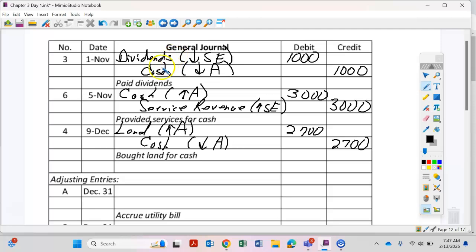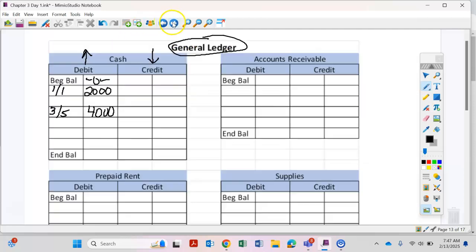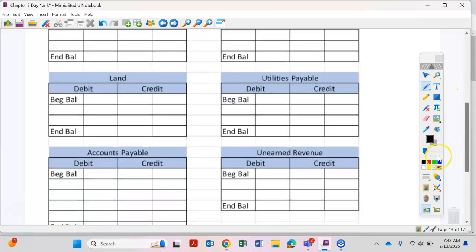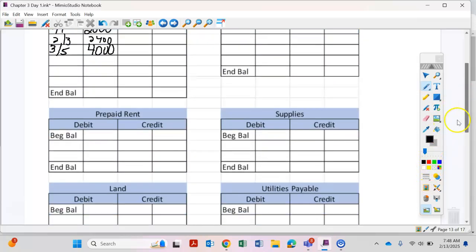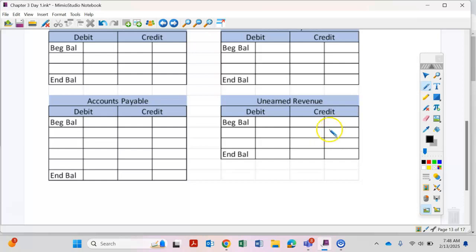February 3rd. So February 3rd, we had a debit to cash of $2,400. Remember, we started out with 0. And then we're going to go to unearned revenue. So let's go find liabilities. Unearned revenue. We credited it, so I'm going to put the date, February 3rd, and $2,400.